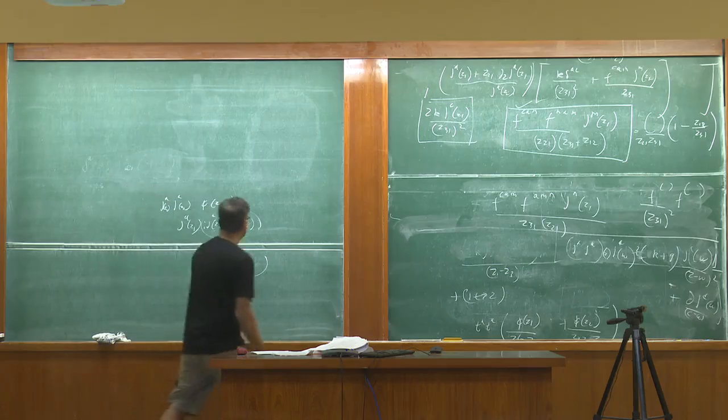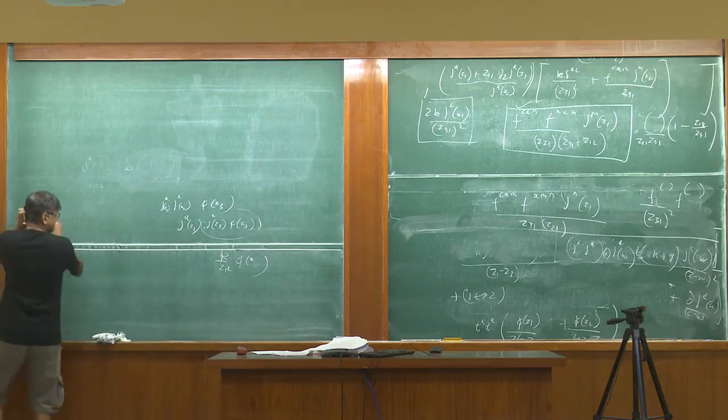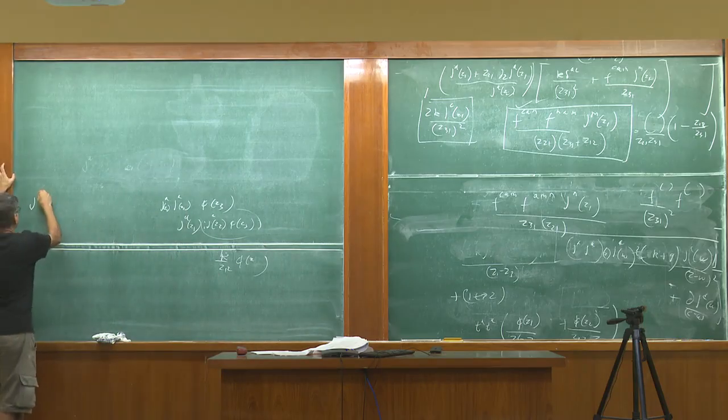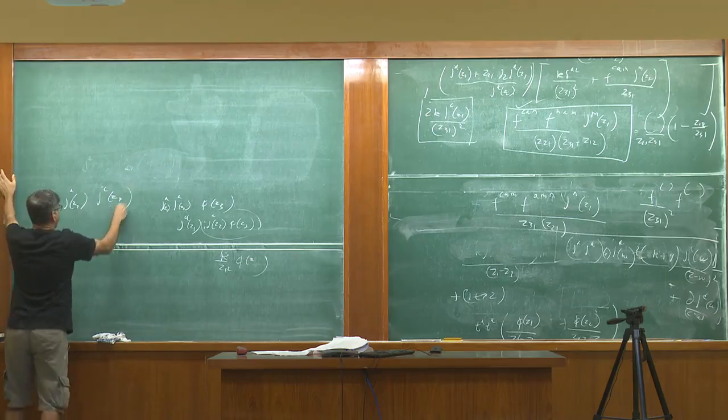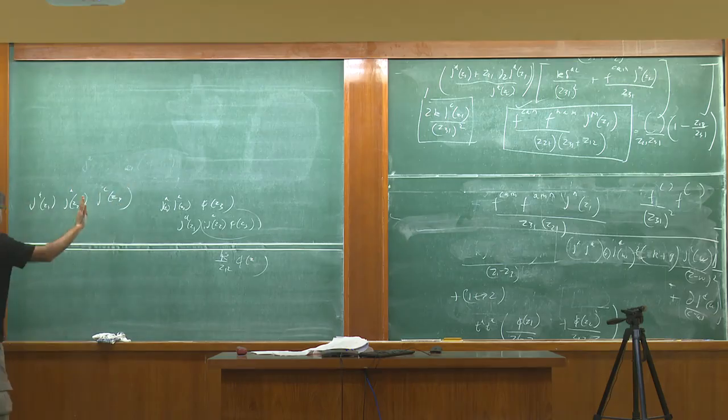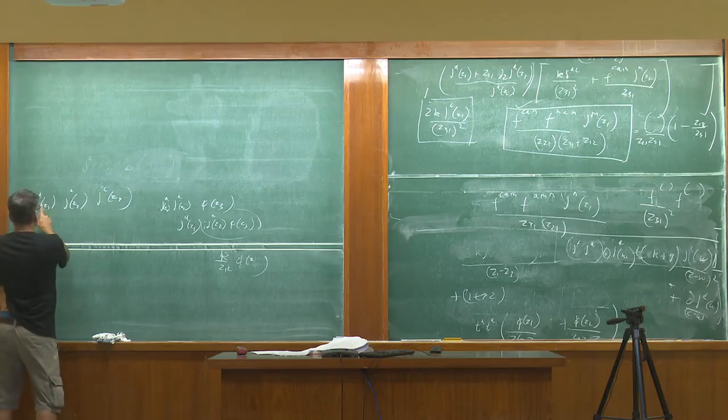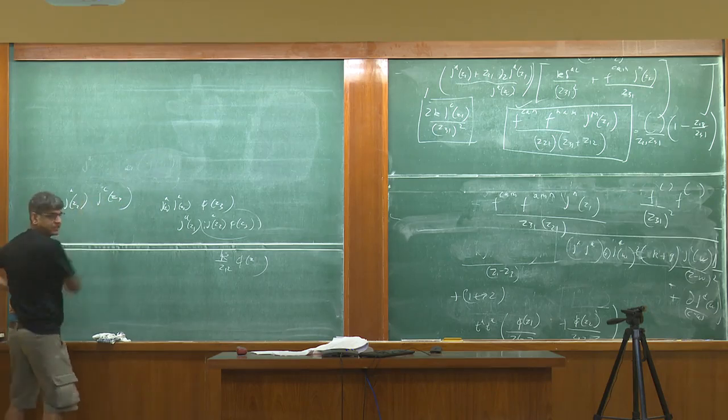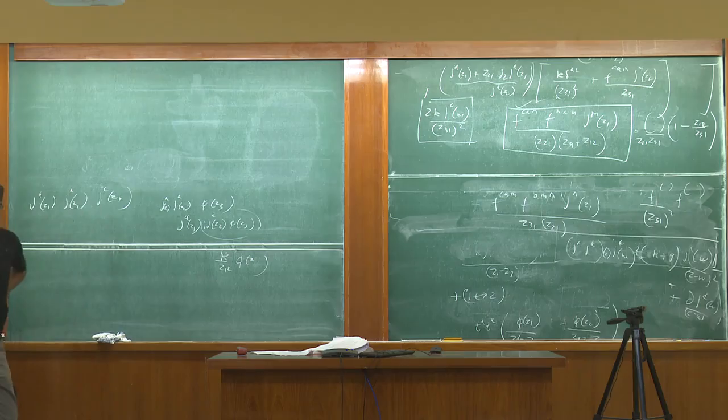Okay, let's see. So you say that I'm looking at JA(Z1), JB(Z2), and JC(Z3). If everything is separated, then the only singularity is when I take 1 to 3 or 2 to 3, or when this goes to this, and this goes to this. That is correct? Clearly.